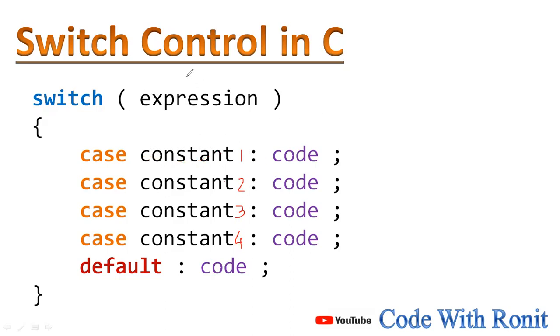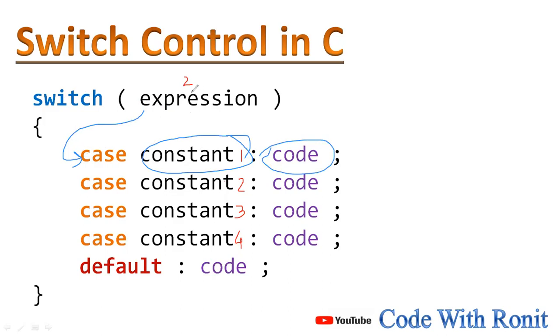And if the value of the expression is 2, so what will it do? First, from here, the control will come here. If this case gets matched, then this statement will be executed.